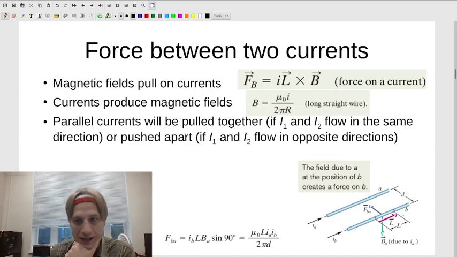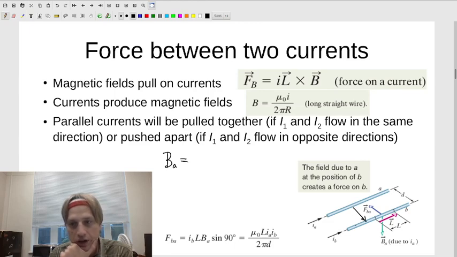So for instance, in this particular case, let's say that I had my magnetic field from A. You'd have B from A at that radius, at the distance d between them, would just be mu naught times the current of A all over 2 pi d.